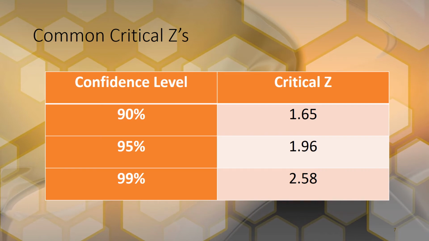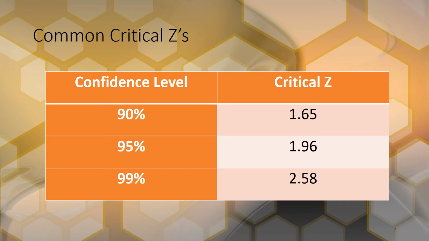And so how do you get the critical z's? Well, you can look it up in the table, but I'm just going to give them to you. So here are very common confidence levels, and you're probably not going to have any other one besides this. I won't give you any other ones in this class, and if you're in psychology, it's usually one of these three.